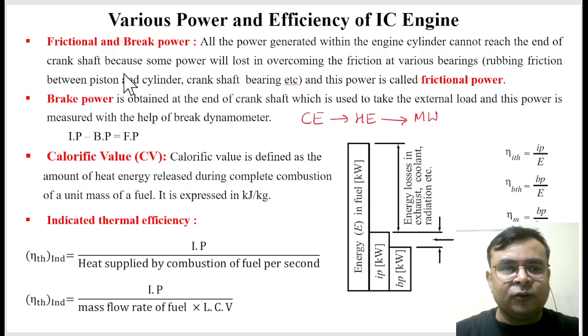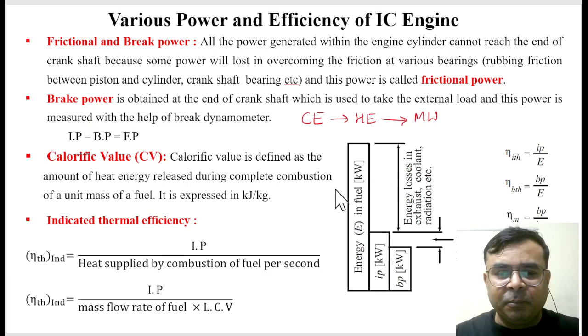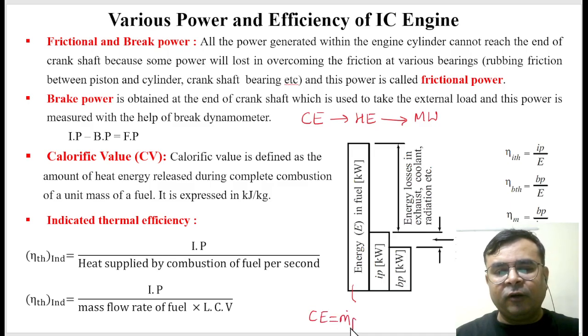Is that right? So first, you can see this figure. This is very important, and from this figure you can understand everything. When you burn the fuel, it produces some energy. Is that right? Then how do we calculate this energy? Simply, this is chemical energy, which is the mass flow rate of fuel times the calorific value.